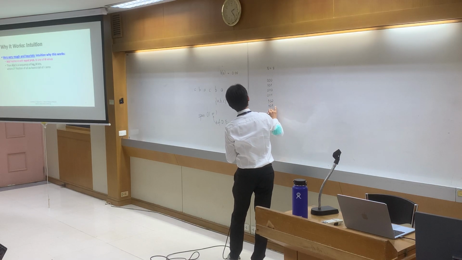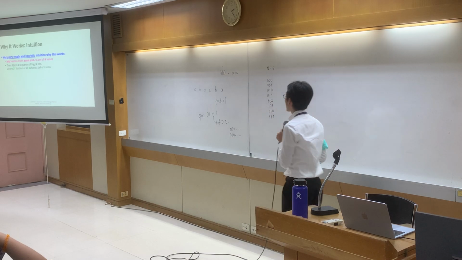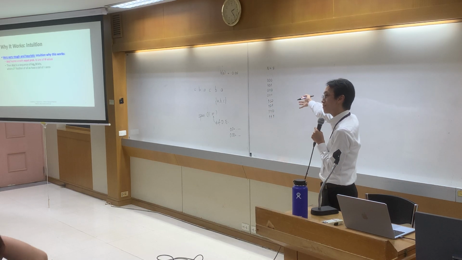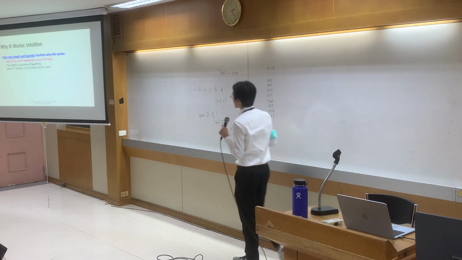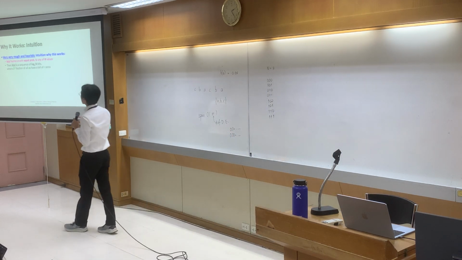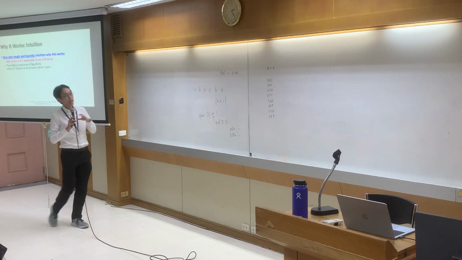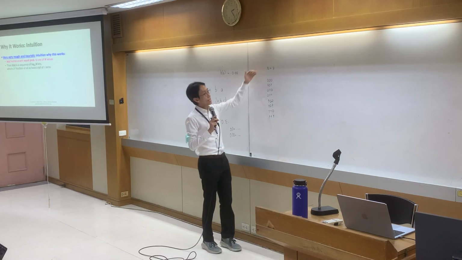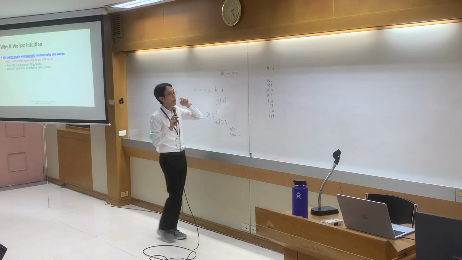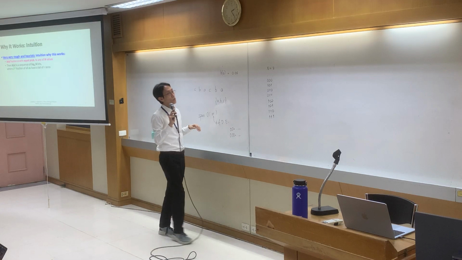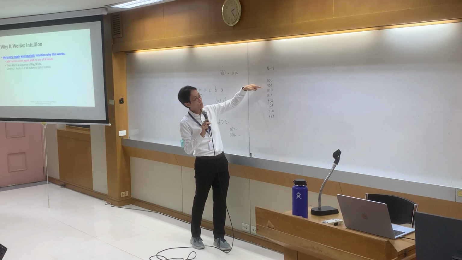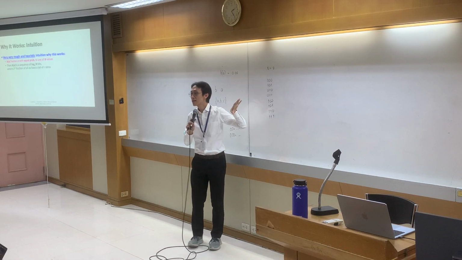This is 5. This is 6. This is 7. When we generate a value from a hash function whose range is 8, we fix these 3 bits. Now, there is an equal probability of it landing here or there or anywhere, right?